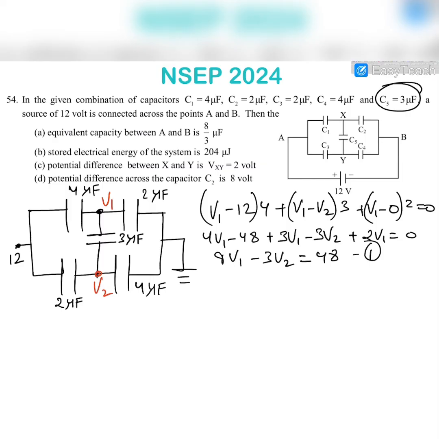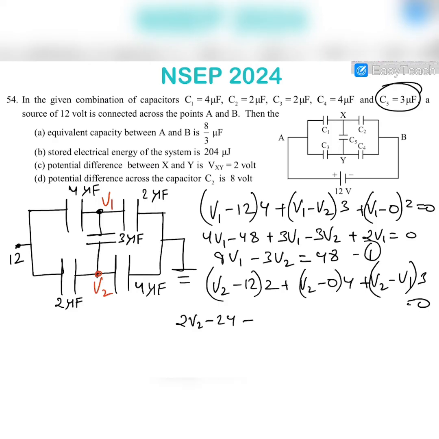Now let us apply nodal analysis on the second node. So (V2 minus 12) into 2 plus (V2 minus 0) into 4 plus (V2 minus V1) into 3 is 0. So 2V2 minus 24 plus 4V2 plus 3V2 minus 3V1 is equal to 0.